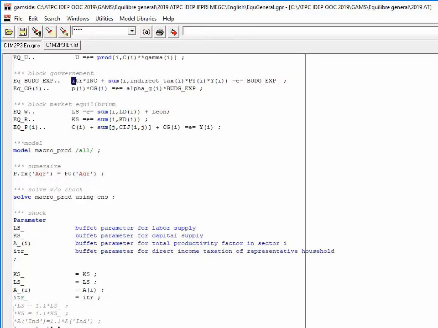So on the left side you have total revenues, on the right side you have total expenditure. Total expenditure, I call it budget underscore exp, and revenues are direct taxation on households and indirect taxation collected on the sales of goods and services.